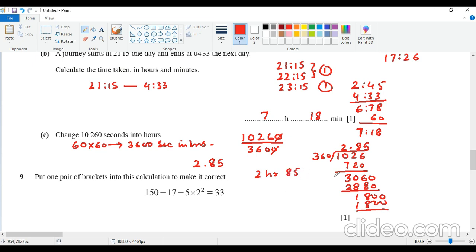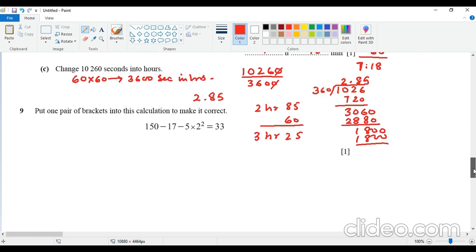Again, this is going to be 60 subtracted from here. This is going to make us 3 hours, and 85 minus 60 is going to give us 25, so 3 hours and 25 minutes is going to be your correct answer.